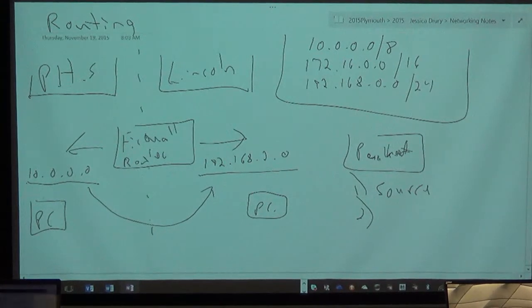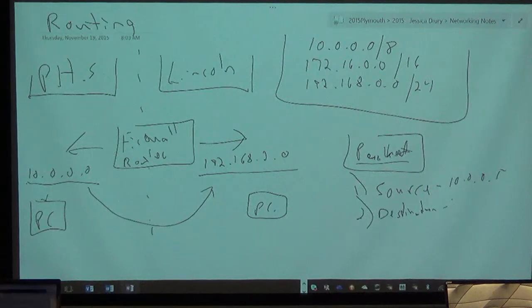If this PC here has a packet, it's going to have a source. And if that source is this PC, then the source address is going to be 10.0.0.5, or whatever the IP address is of that packet. It's going to have a source, and that packet has to have a what? What's the second thing, Quentin? Destination, thank you. And in this particular case, what is the destination address going to be? Jessica?